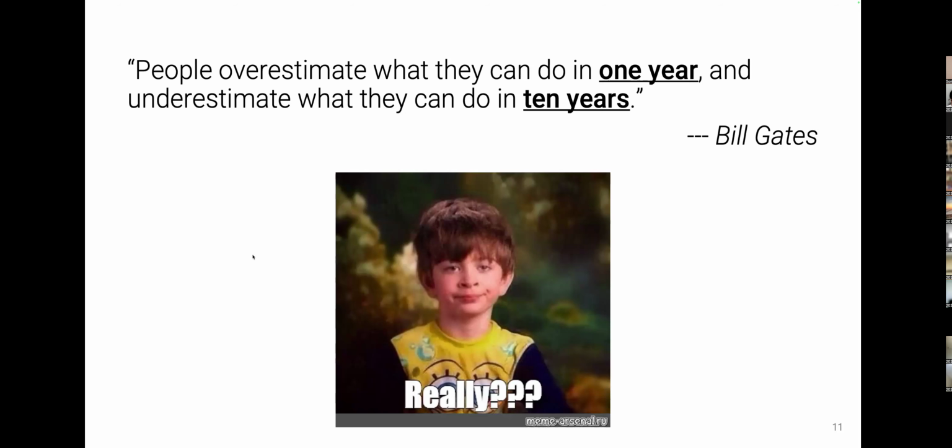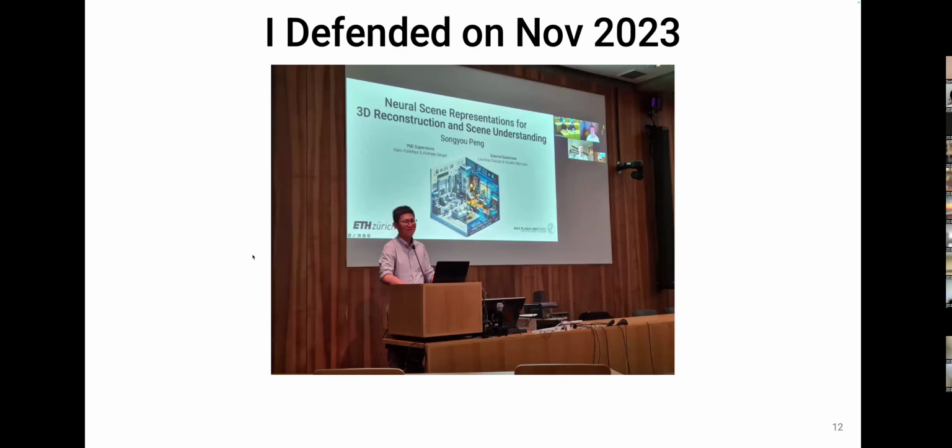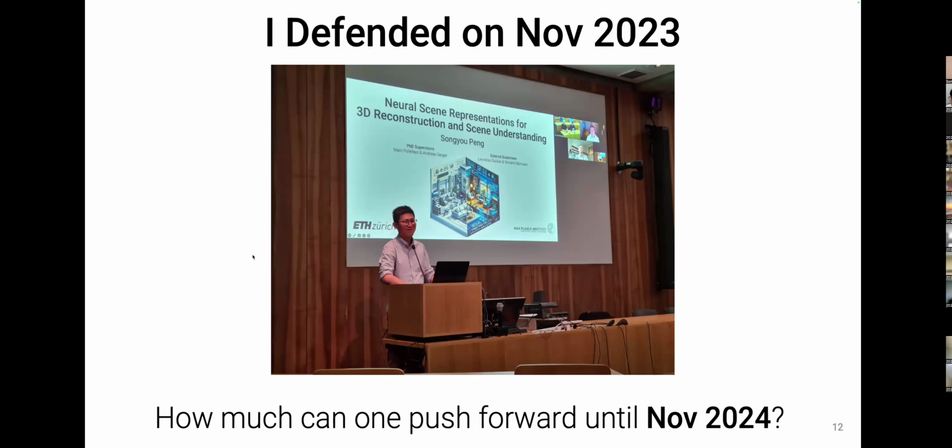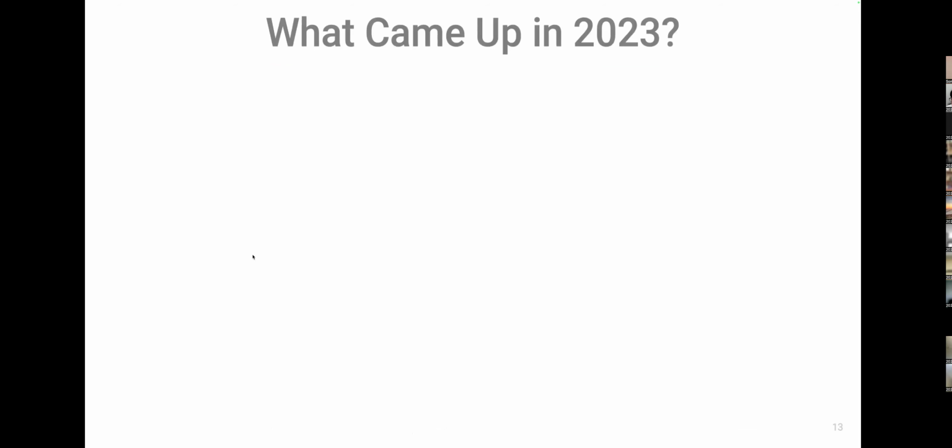The reason I'm saying that is that I defended my thesis in November 2023, and I wanted to see how much I can push forward the goal I mentioned above until November 2024, which is basically the deadline for CVPR. So it's like 1 year of time. How much can we push forward?